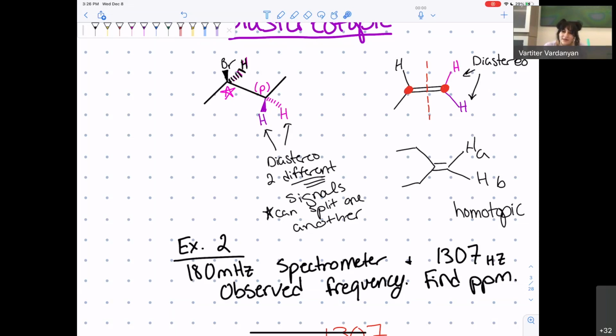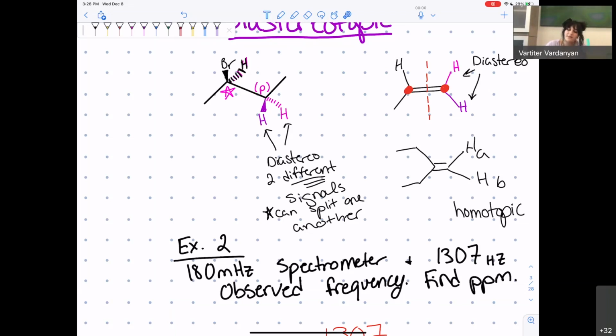In the second one I have drawn, HA and HB, there are two hydrogens on the same carbon, but carbon number 2 has two of the exact same groups on it. Therefore, this is symmetrical and they are exactly the same, so we can only use the term homotopic.